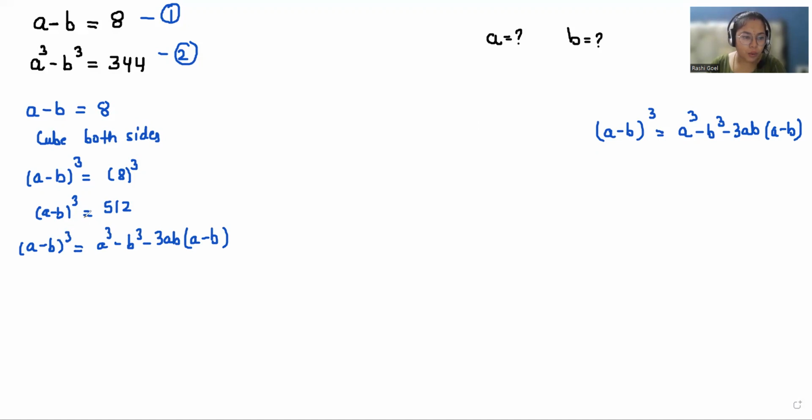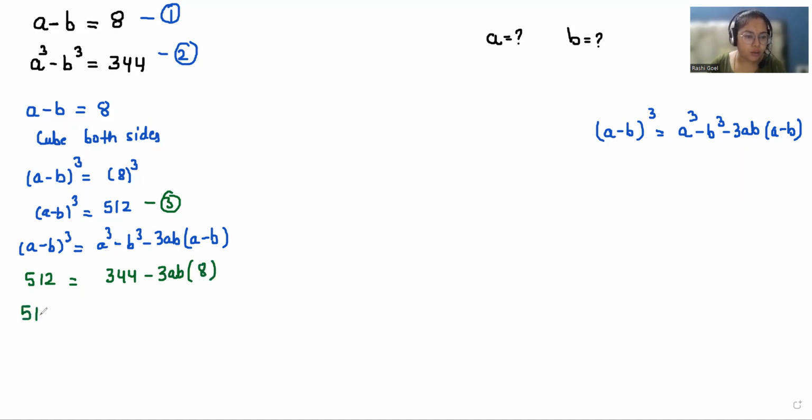So (a minus b) whole cube, I have this as equation number 3. So 512 is equal to, and the value of a cube minus b cube I'm putting as 344 with the help of equation number 2, minus 3ab, and with the help of equation number 1, a minus b is 8.